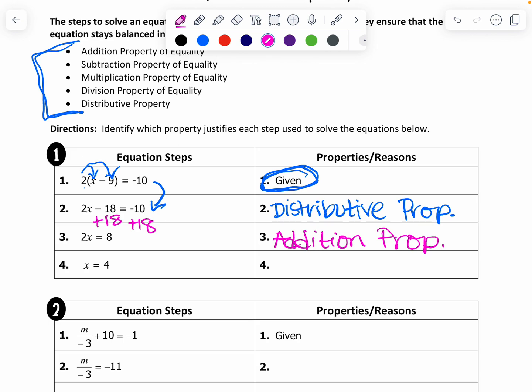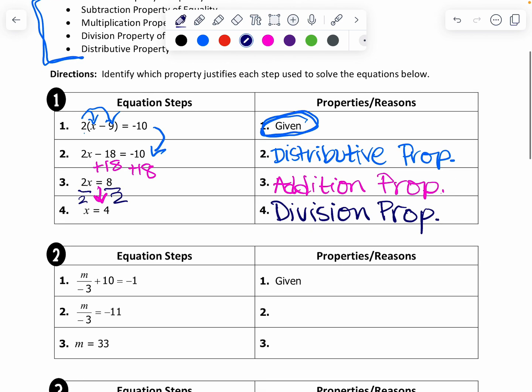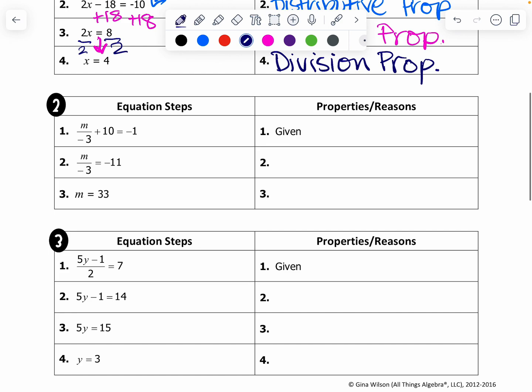And then from step 3 to 4, what's happening? Well, here you were dividing by 2. So if you guessed it, it is the division property of equality.